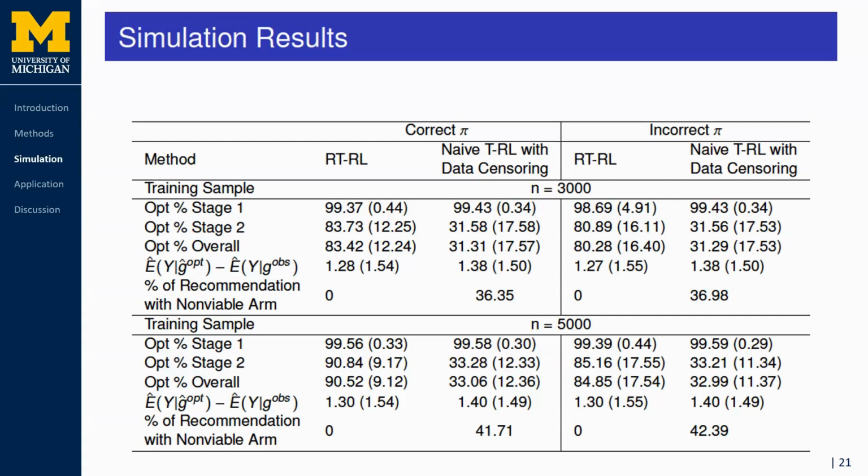And if you look at the percentage of recommendation with the viable arm, if you run the algorithm with restrictions, of course, nothing happened to violate those restrictions. However, if you go with the data censoring and run the reinforcement learning, that can give you a very large percent of patients still going to the arm that you don't want them to go.